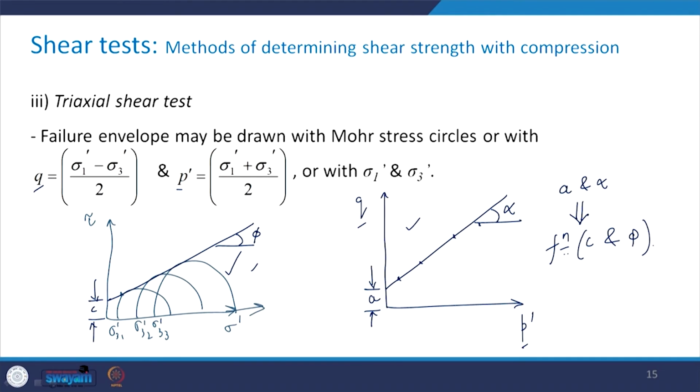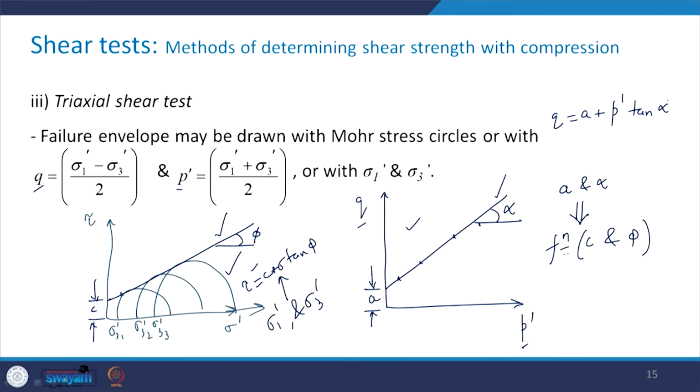You need to write the equation of this Mohr-Coulomb envelope, that is tau equal to C plus sigma tan phi, and likewise this can be written in terms of sigma 1 prime and sigma 3 prime. The equation of this straight line will be: q equals A plus p prime tan alpha.